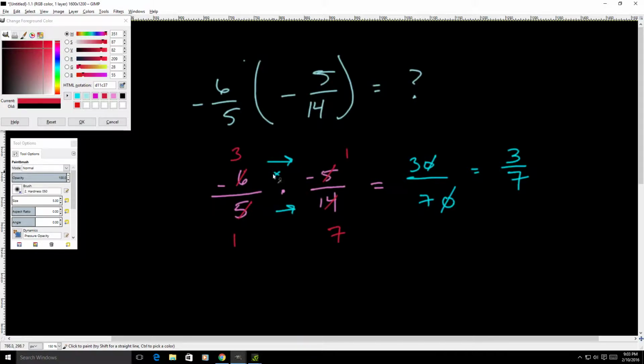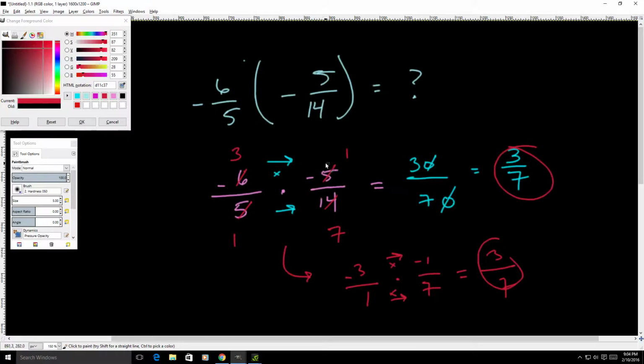And now you have a new problem, which is negative 3 over 1 times negative 1 over 7. When you multiply straight across, negative 3 times negative 1 gives a positive 3, and 1 times 7 gives 7. So you do get the same answer. That's what I would do for that one.